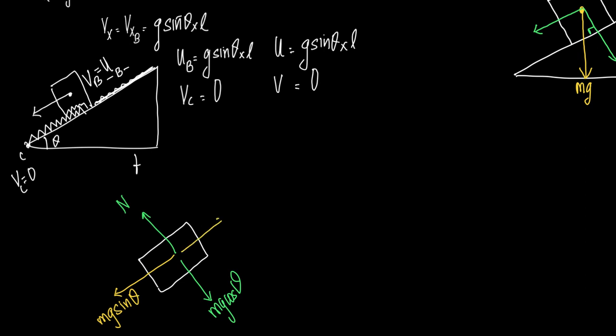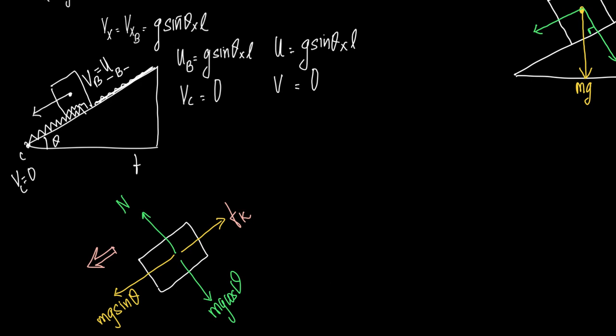And since the object is moving, since the net acceleration is towards the downwards direction, Fk, which is force of kinetic friction, would be acting in the direction opposite to the motion. Sliding downwards is the direction of motion, so sliding upwards would be the direction of kinetic friction, Fk, right?